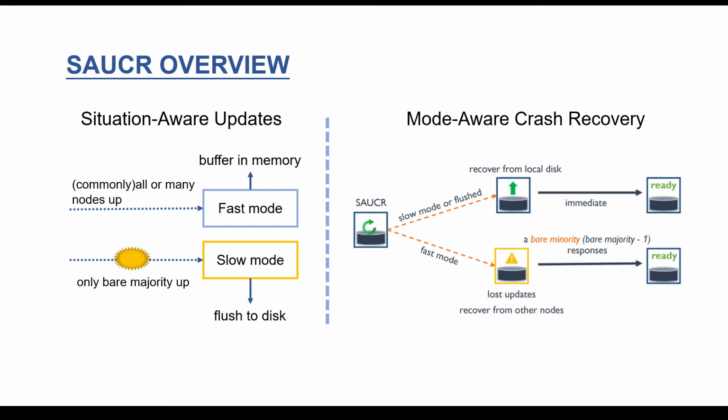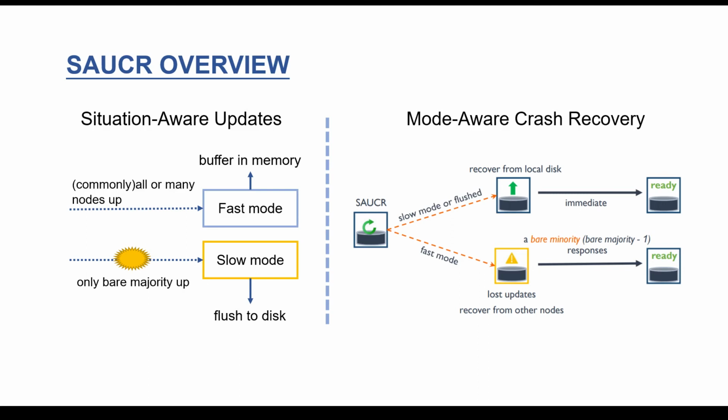If it crashed in slow mode, it has a backup on its disk, and it will directly get the data back from its own disk. That is straightforward. When it crashed in fast mode, it has lost all the data and has no backup. It has to get the data back from other nodes.